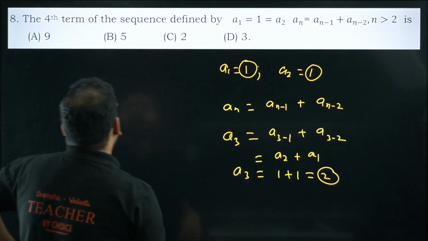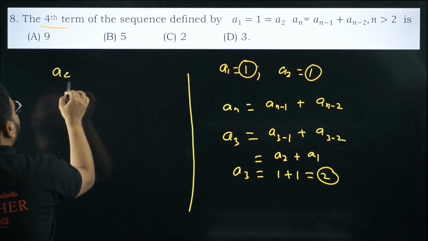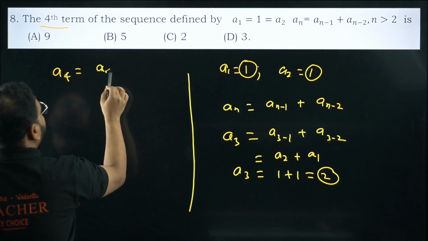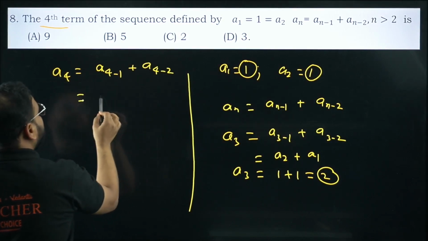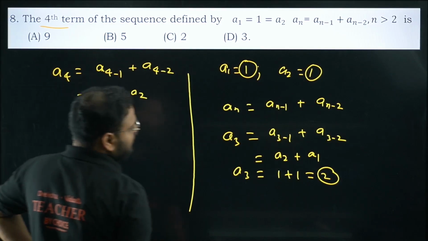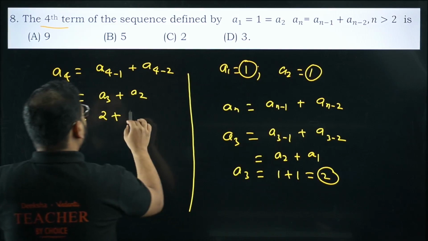Okay, let's find A4 now. They're asking the fourth term, right? So A4 will be given by the same formula: a of 4 minus 1 plus a of 4 minus 2. What I get here is A3 plus A2. A3 is 2 and A2 is 1.